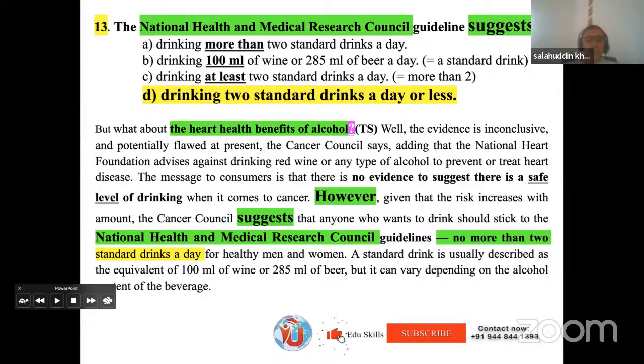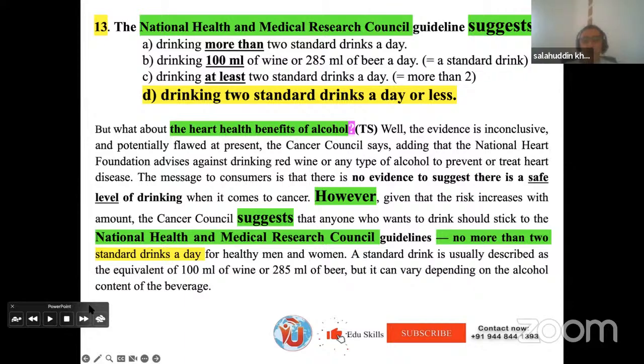The National Health and Medical Research Council guidelines suggest... But what about the heart health benefit of alcohol? Well, the evidence is inconclusive and potentially flawed at present. The Cancer Council said, adding to the National Health Foundation advice, against drinking red wine or any type of alcohol to treat heart disease. The message to consumers is that there is no evidence to suggest there is a set level of drinking when it comes to cancer.